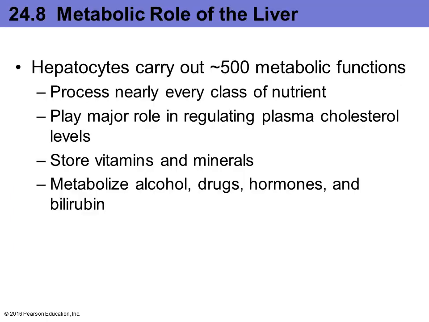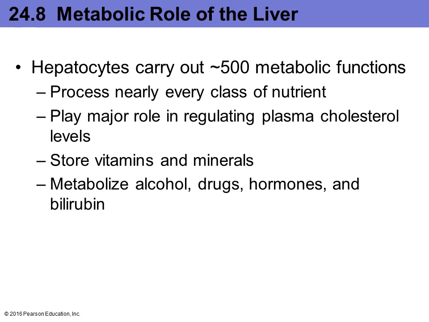In the liver, your hepatocytes carry out numerous metabolic functions. They're processing every type of nutrient that is passing through there, so they're having a huge role in helping to regulate the concentration of different levels of various compounds in the blood, storing vitamins, storing minerals.